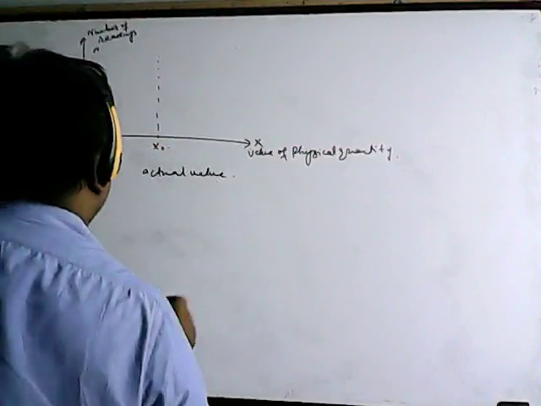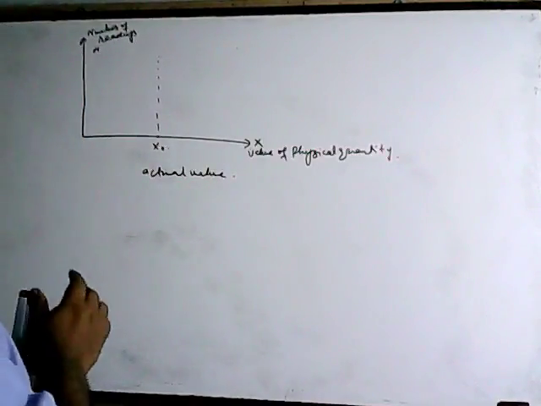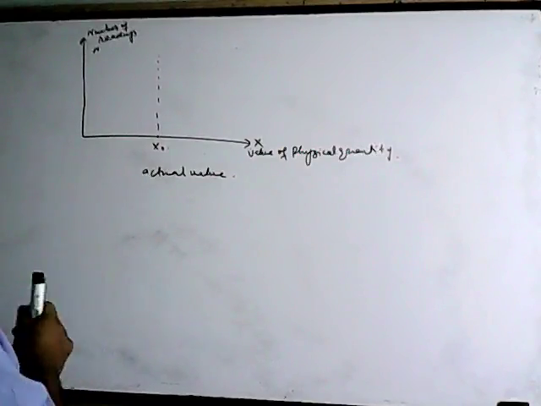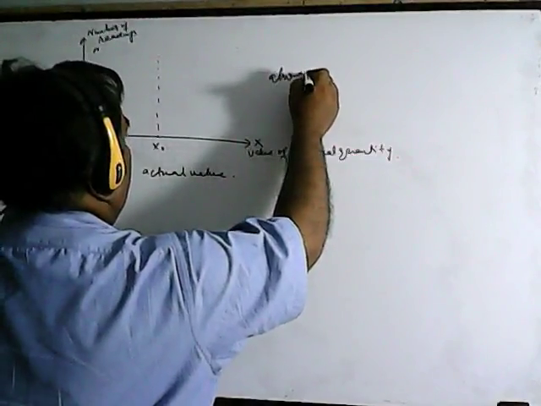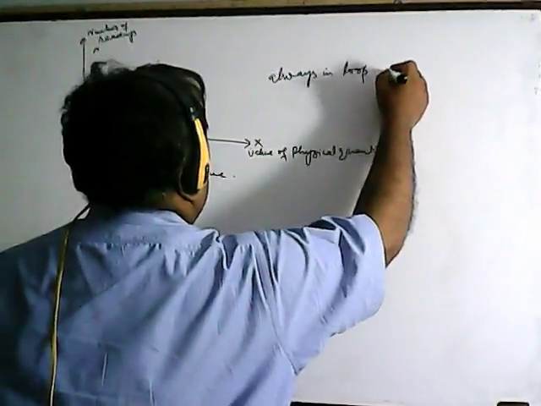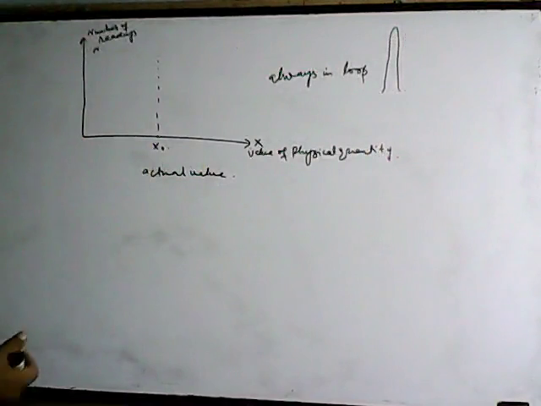I will sketch the graphs of all those 4 possibilities here, the number of readings against the value of the physical quantity. There can be 2 numbers of readings for the same physical quantity, so these graphs are always in a loop.